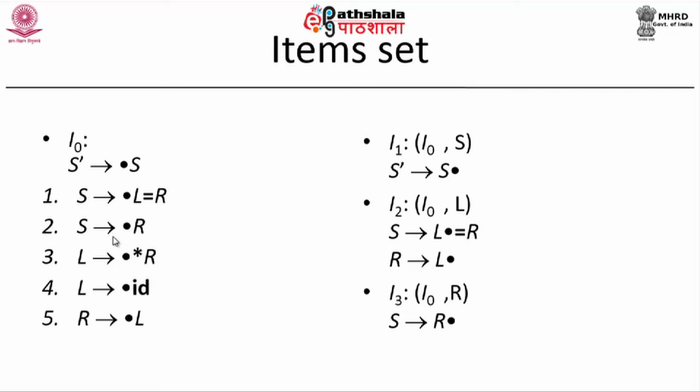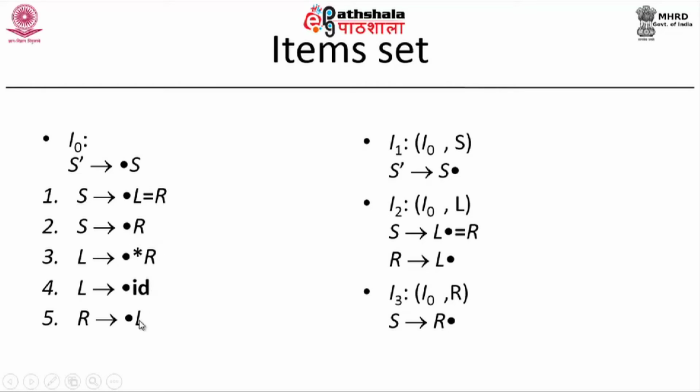Looking at this production, follow of R contains follow of S, so follow of R will have a dollar. Looking at this production, follow of R contains follow of L, so follow of R will contain an equal to. So, follow of R now has an equal to and dollar from the productions 2 and 3 respectively.